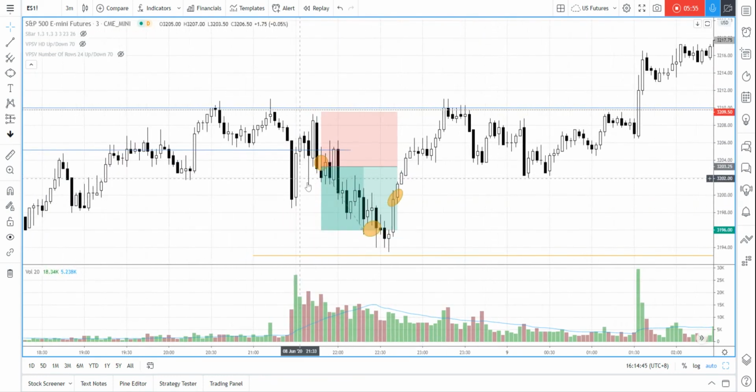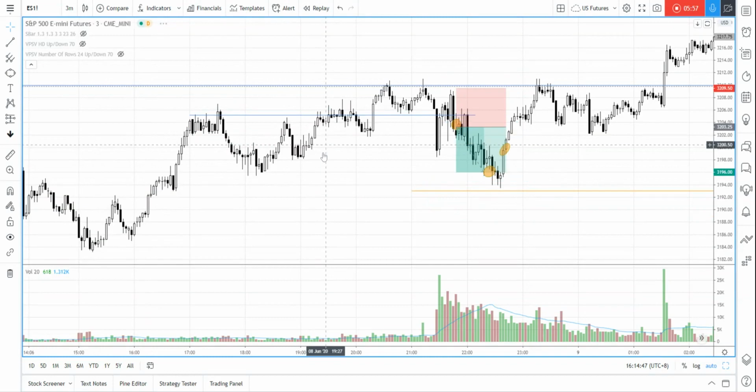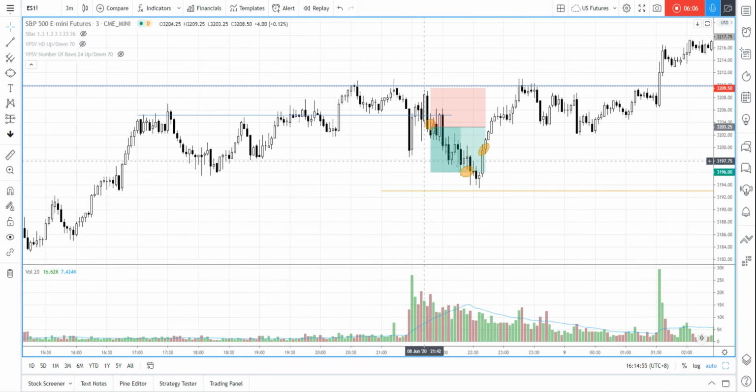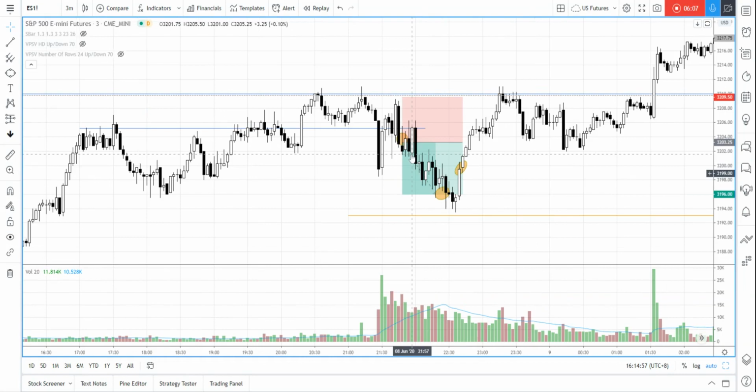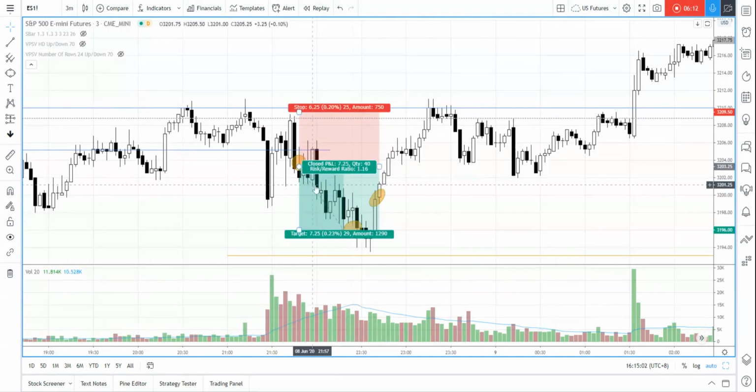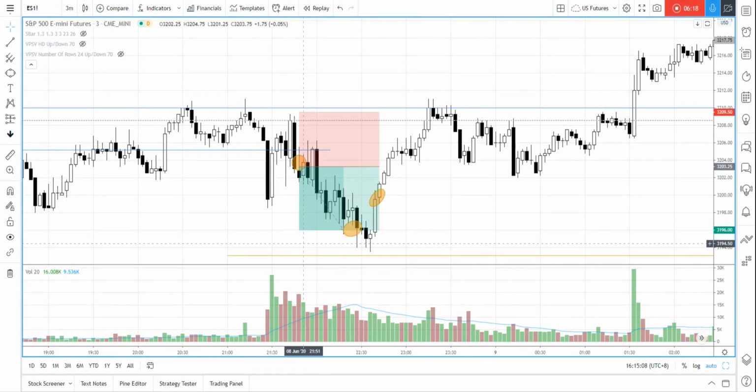Subsequently, my first target was definitely the swing low here. I aimed at this swing low, but I still kept a portion of my position once I exited about 50% of my position here. After I initiated the short position, I just waited, and you can see that we have some kind of rejection.